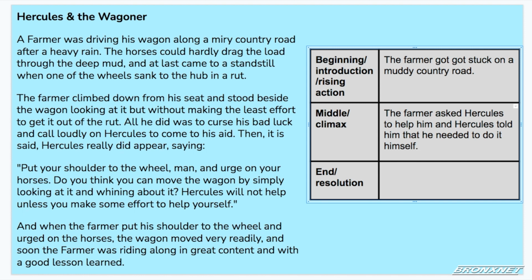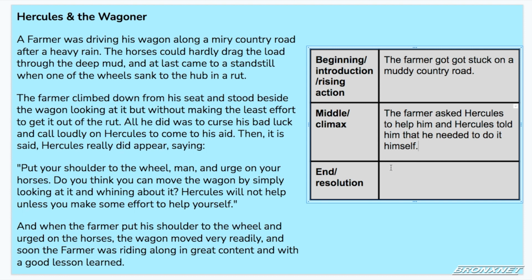The reason I chose this as the main part is because the problem is, yes, his wagon got stuck in the mud, but the problem is he and Hercules are not agreeing on how to solve that problem, right?